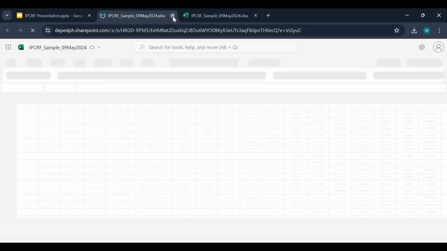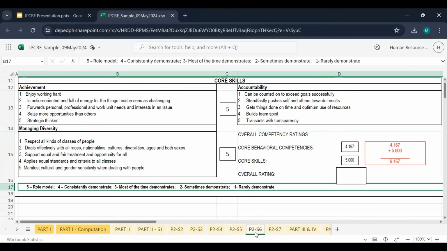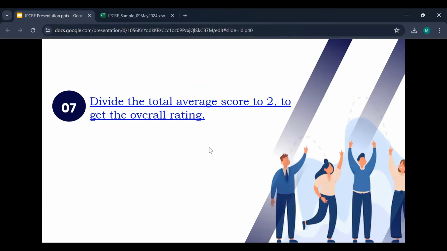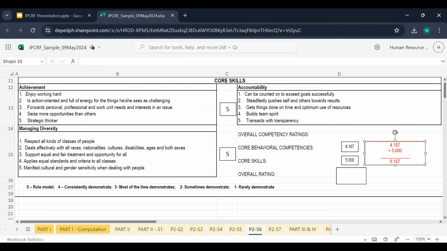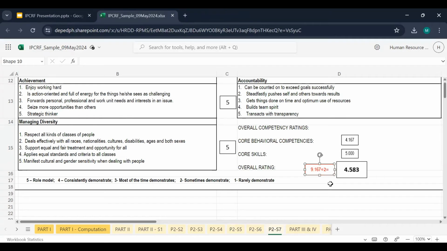So for example, we just need to add the 4.167 plus 5.000, which equals 9.167, to get the sum of these two. After which, divide the total average score by 2 to get the overall rating. 9.167 divided by 2 equals 4.583.